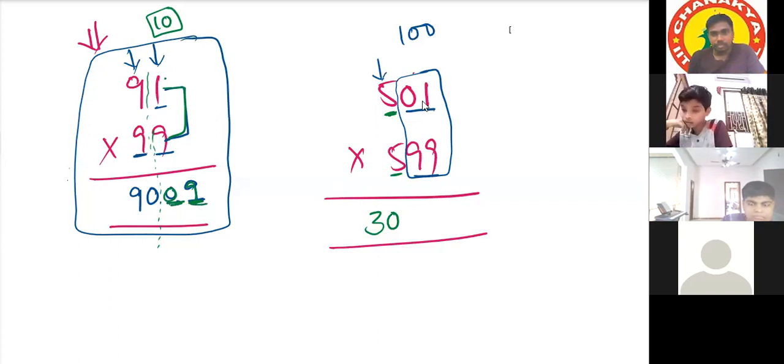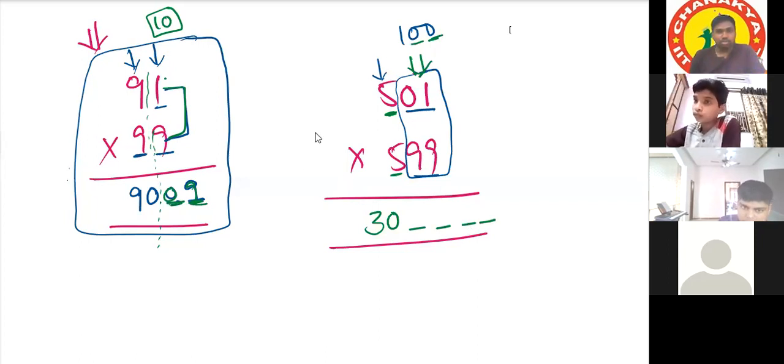But here, the last 2 places we are considering means 100 into 100 becomes 4 zeros. Now we need to reserve 4 positions. No need to consider all these points.